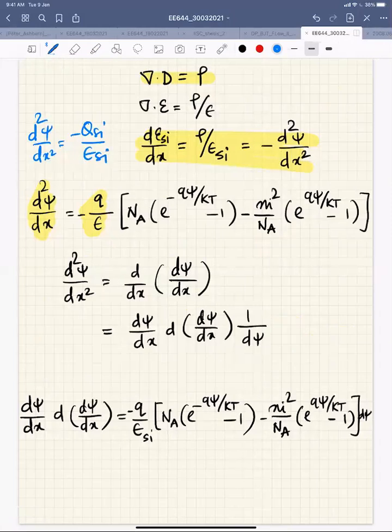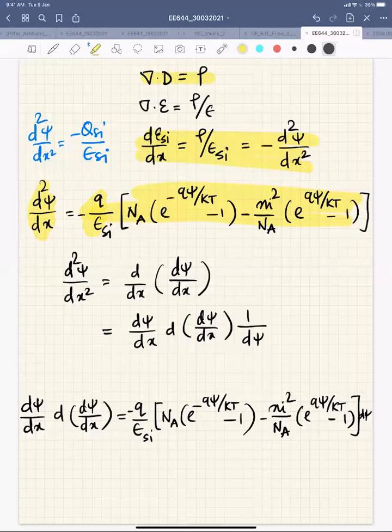And then I have to solve for psi of x, how the psi varies.